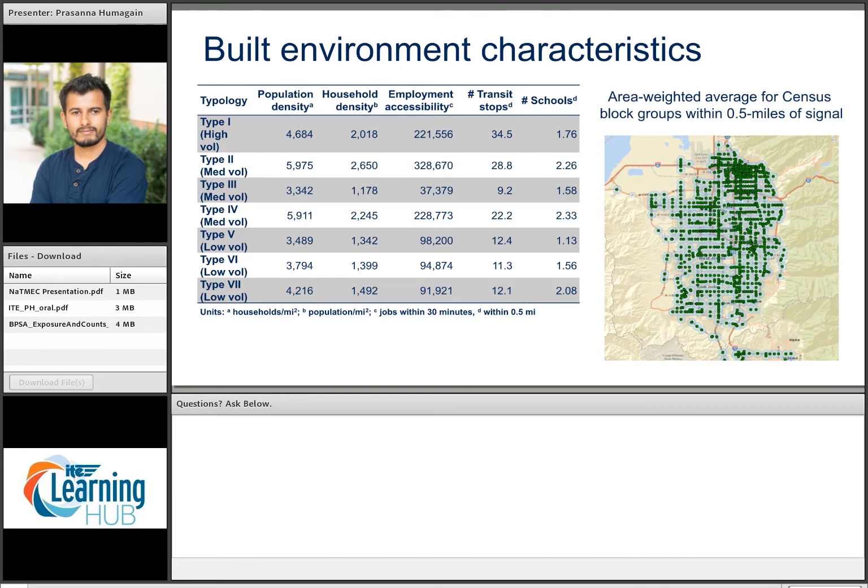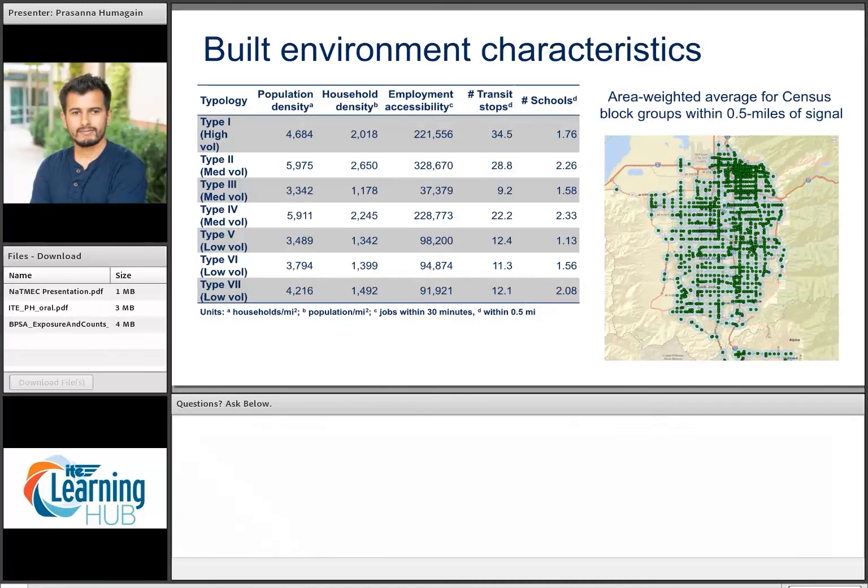For this purpose, we first created a buffer of about 0.5 miles around each signalized intersection, and we calculated all these attributes by area weighted average for the census block groups within 0.5 miles of the intersection. We used data from UDOT and other land use characteristics from the same state government sites.